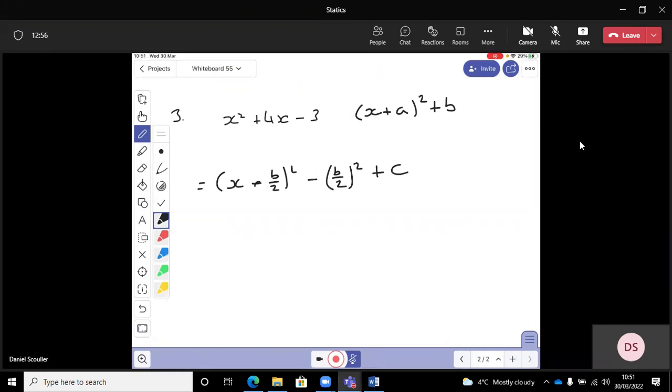So where are those letters b and c coming from? Well, we know that we can write quadratics in that form: ax squared plus bx plus c. That's where those terms come from, and we can substitute them in.